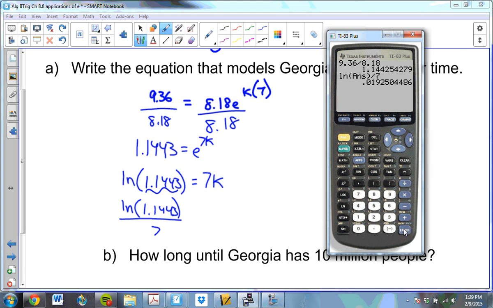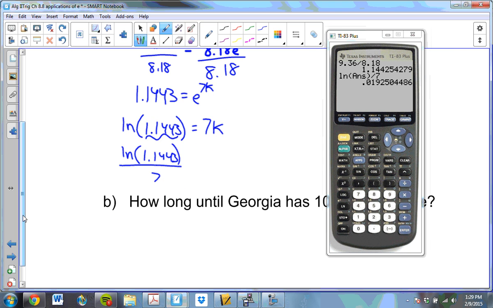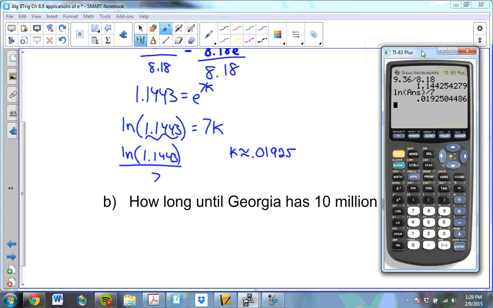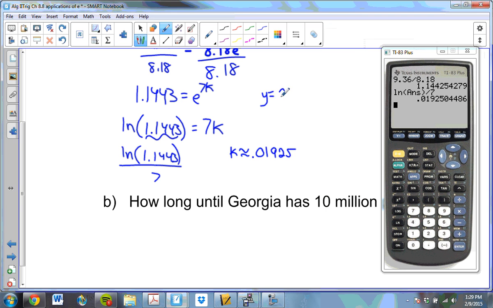And I get 0.01925. Now my equation for growth is y equals ae to the 0.01925t.